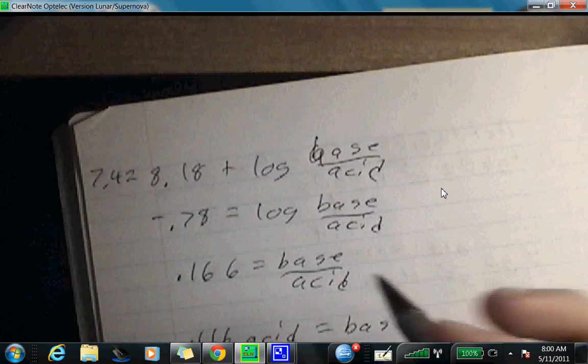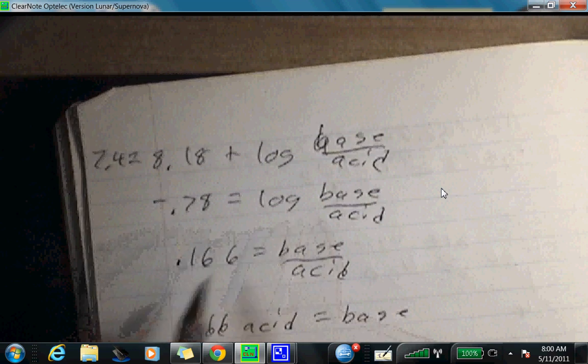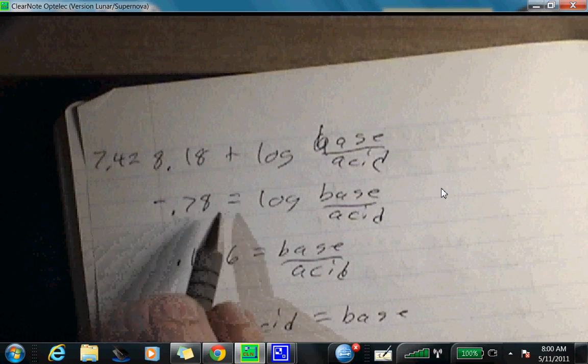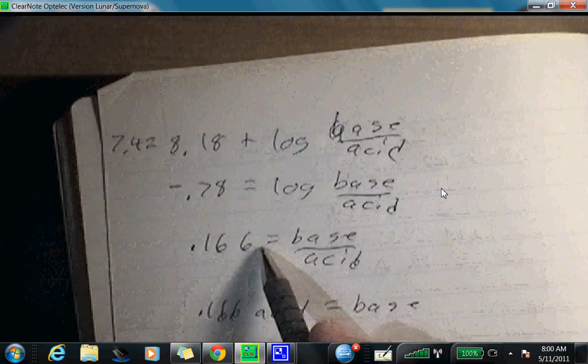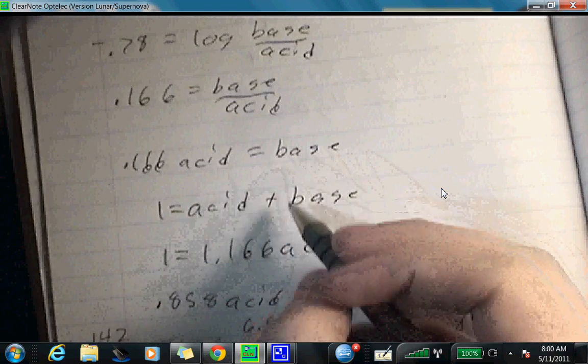We're going to do the same exact thing with the other form now. Plug into the HH equation, subtract, raise 10 to this power, get this. Multiply by acid, you get this.